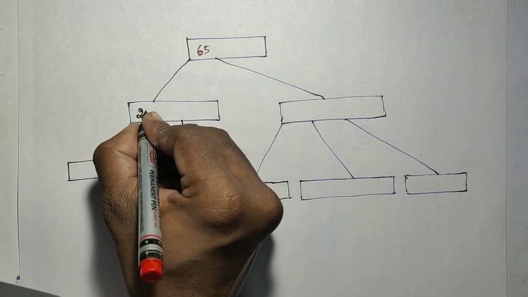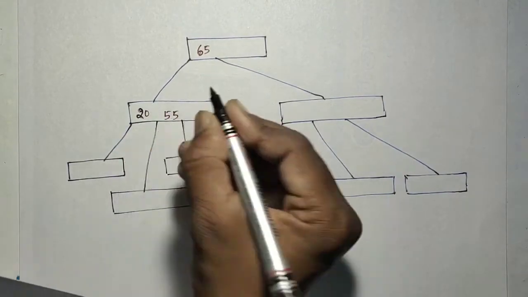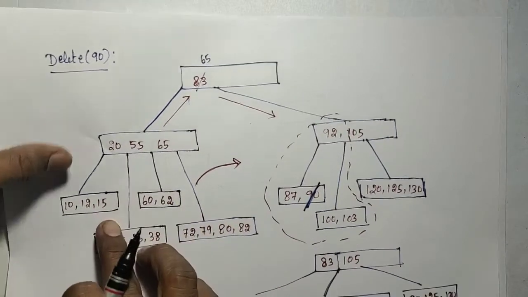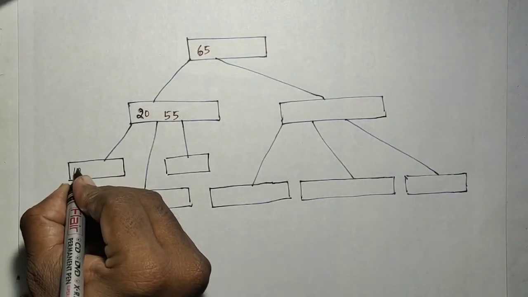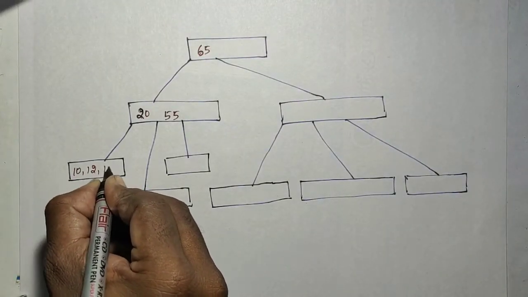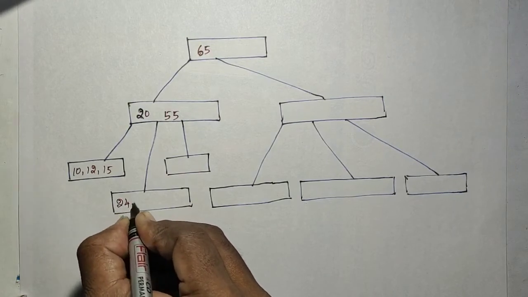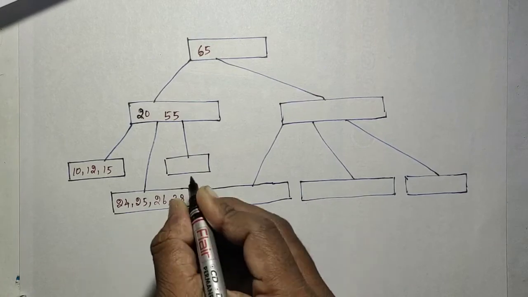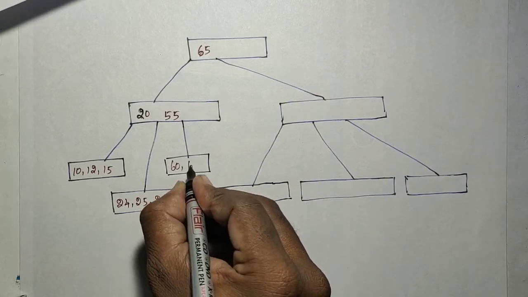Here there is no change in these three nodes: 10, 12 and 15, 24 and 25, 26 and 38, and here 60 and 62.